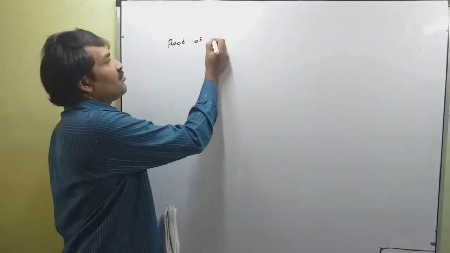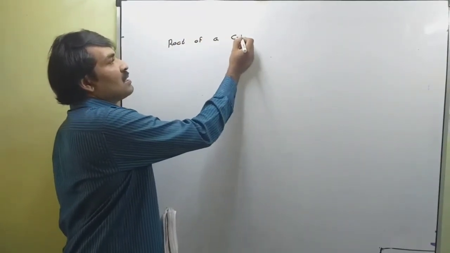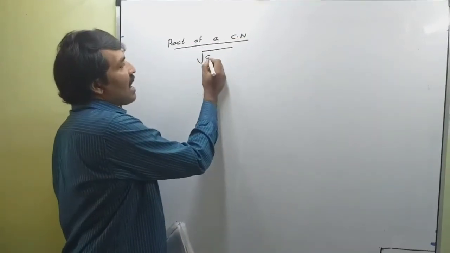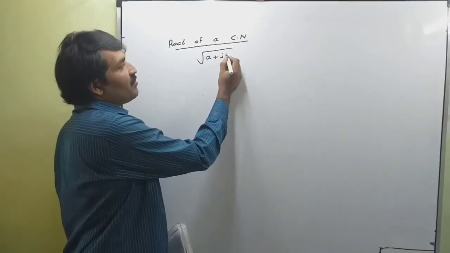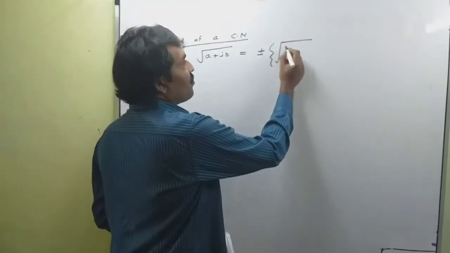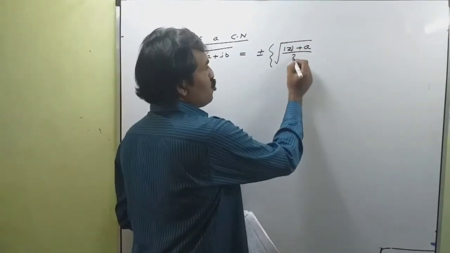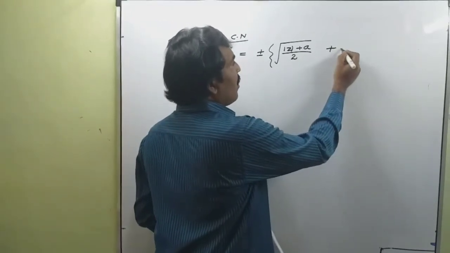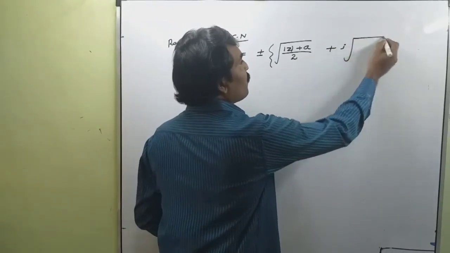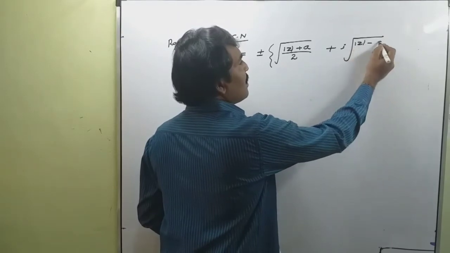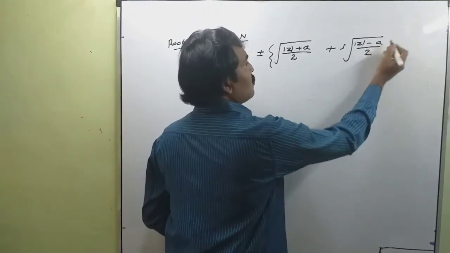Root of a complex number. Root of a plus ib is equal to plus or minus root of (mod z plus a) divided by 2, plus i into root of (mod z minus a) divided by 2.